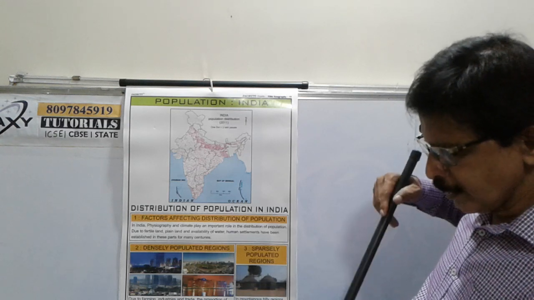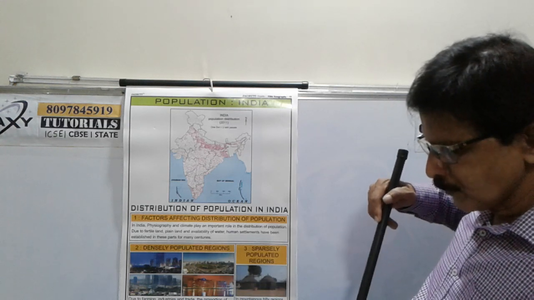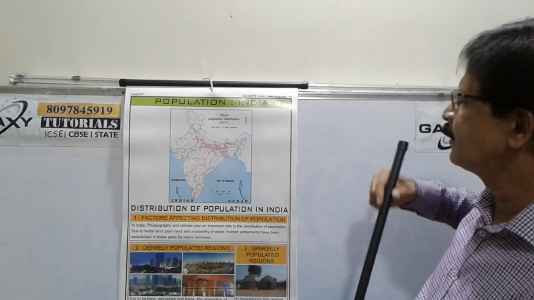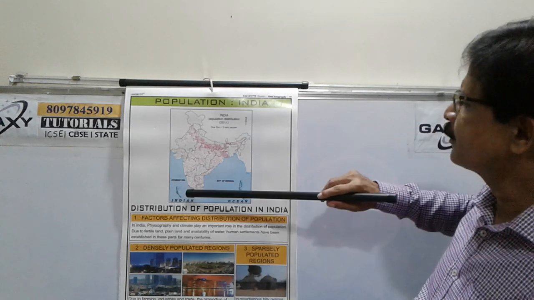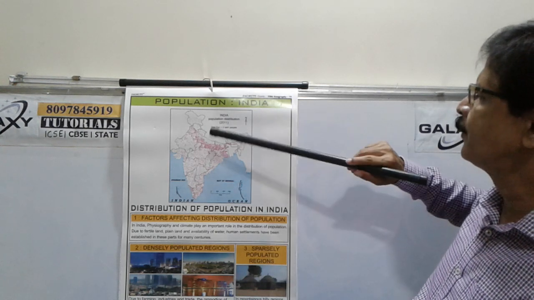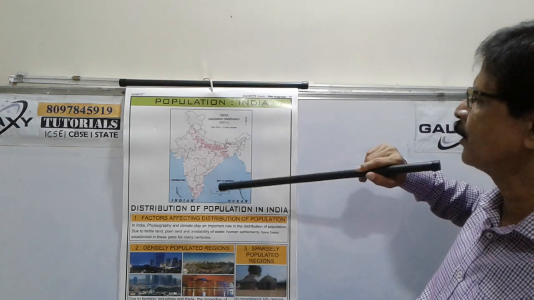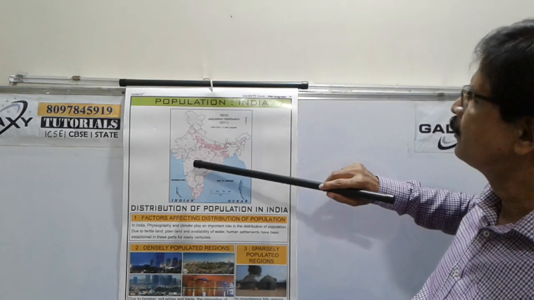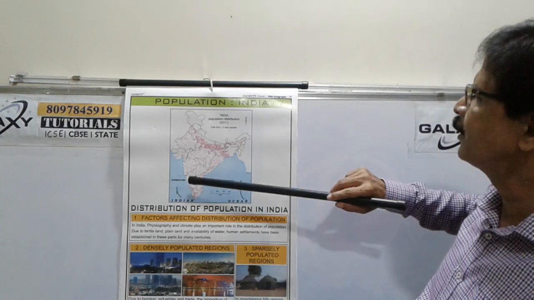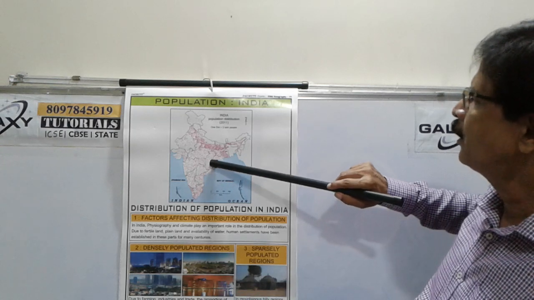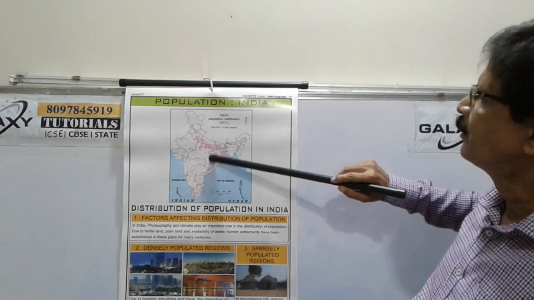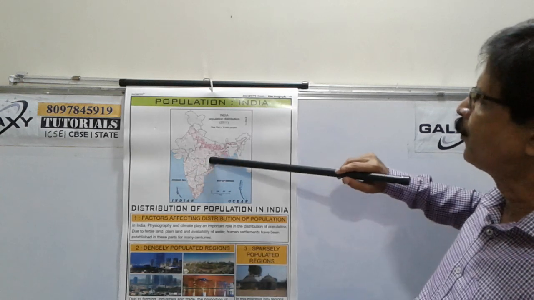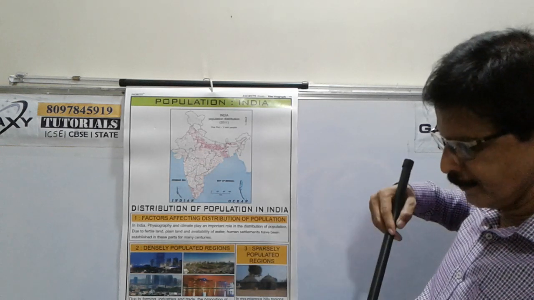Then they have asked about population between 251 to 500, meaning somewhere around 251 to 500 people staying per square kilometer. That is the medium range. Here you can see Maharashtra, Gujarat, Madhya Pradesh, Karnataka. In this area the population is between 251 to 500.